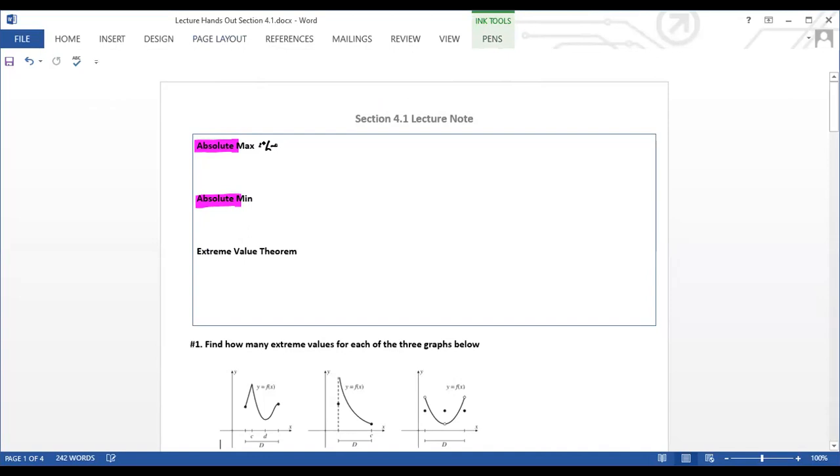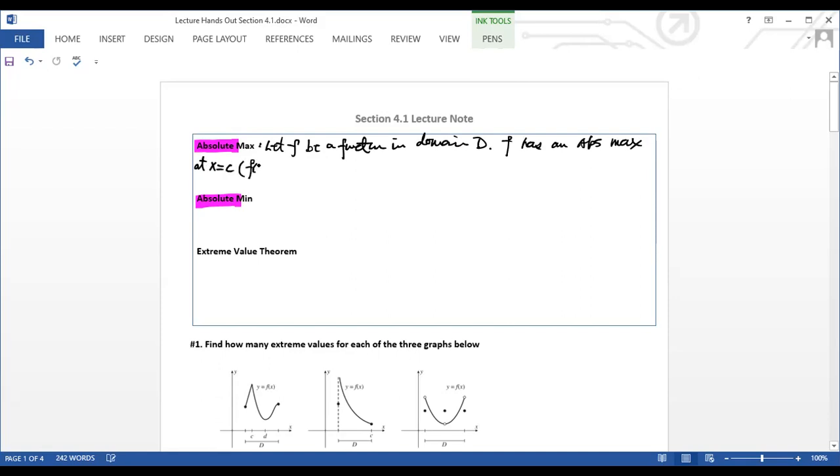So we said let f be a function in the domain D. Okay, so we said f has an absolute max at c, at some x equal to c.